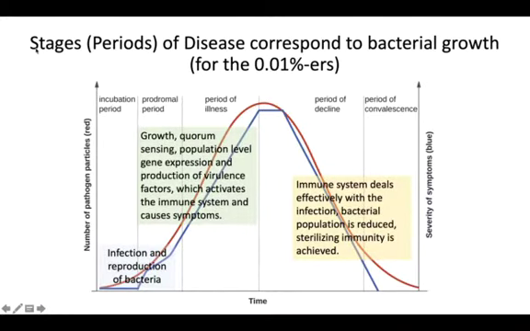Now, interestingly, the stages of disease also correspond to the bacterial growth in a population. We have the incubation period, and at that point, a person has just been newly infected, so the microbes haven't really established within that host yet.